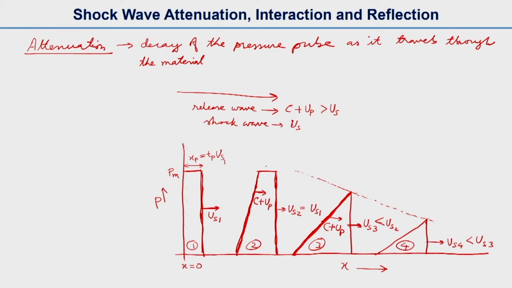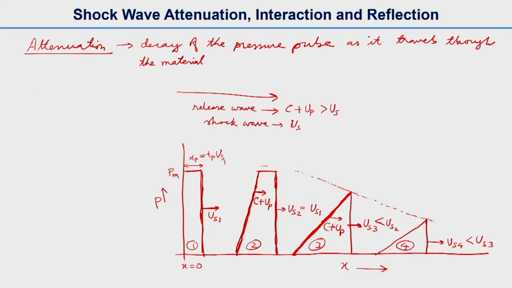This will be reduced as the shock wave travels through the material, and when the release wave overtakes the shock wave, that pulse duration will be 0, and then after that the pressure will be reduced.